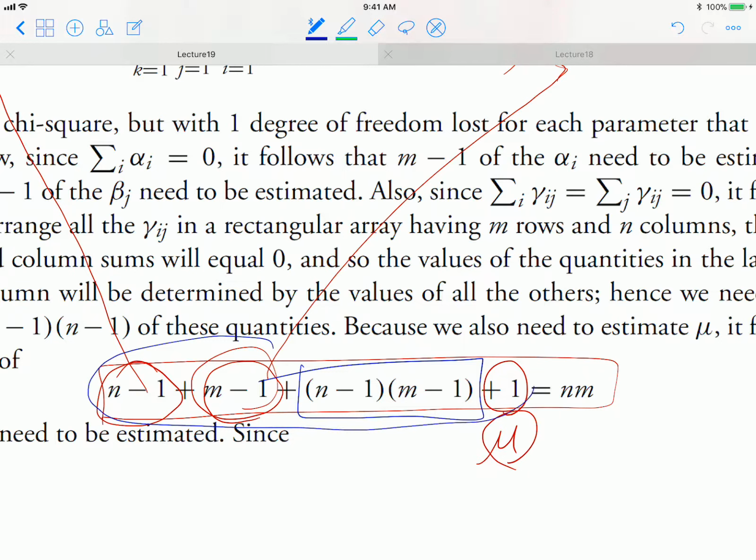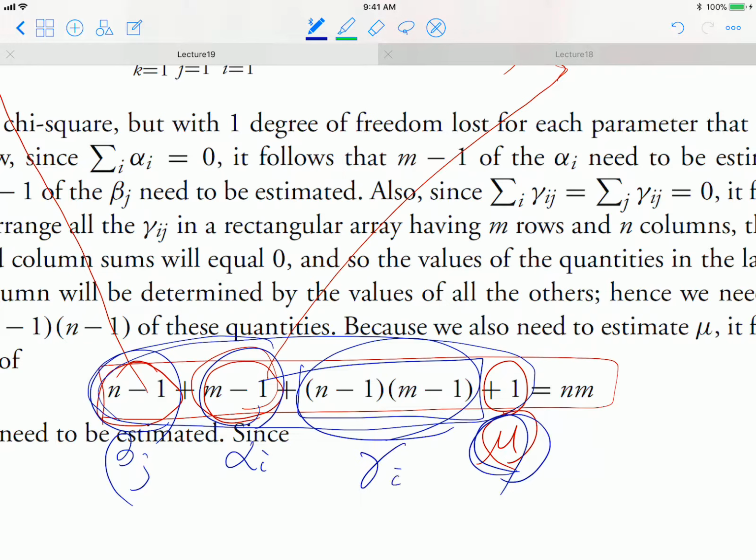In total, this corresponds to mu, alpha i's, and beta j's, and this is gamma i comma j. Altogether, if you simplify them, the total number of parameters is n times m.